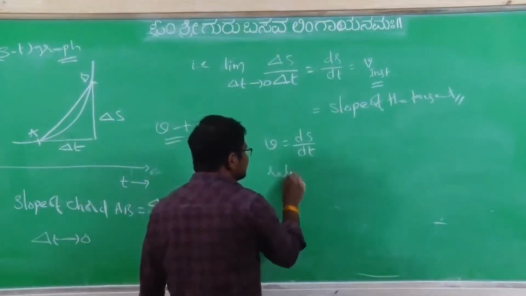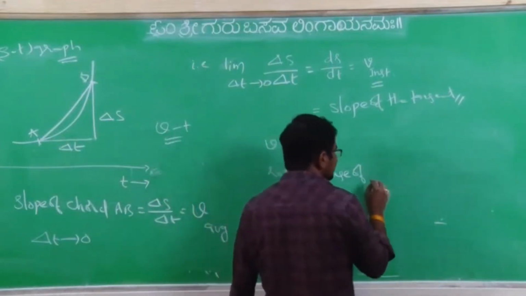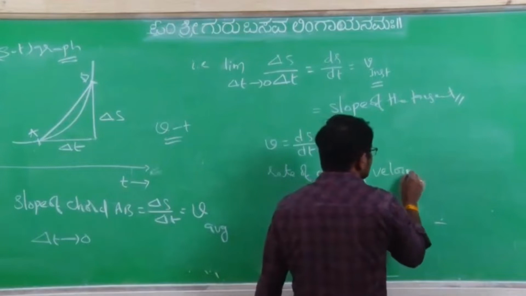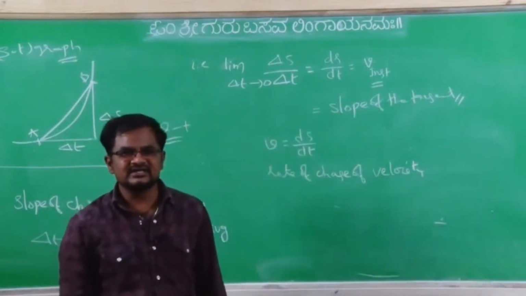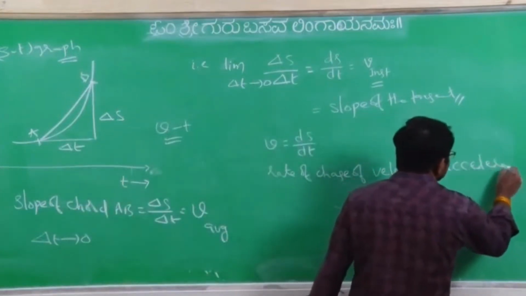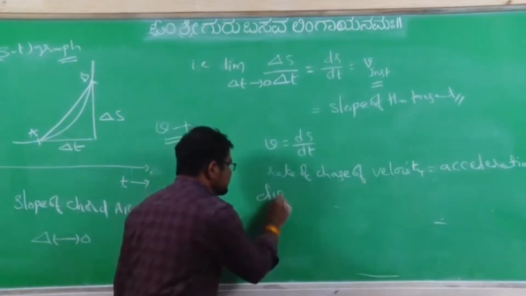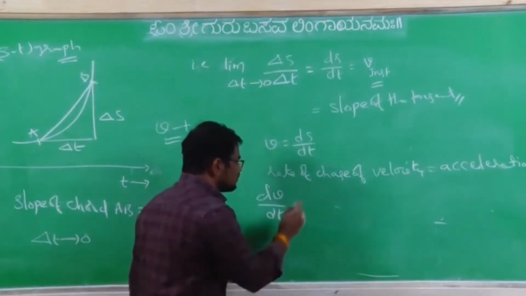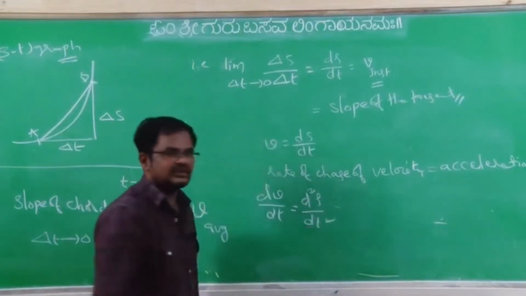The rate of change of velocity is equal to acceleration. Means dv by dt equals d square s by dt square.